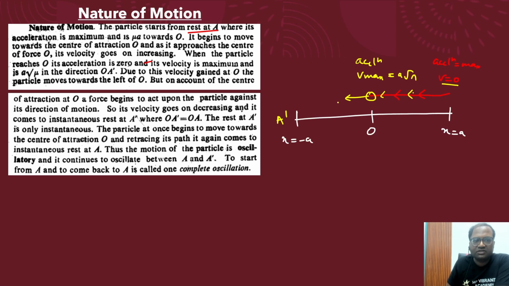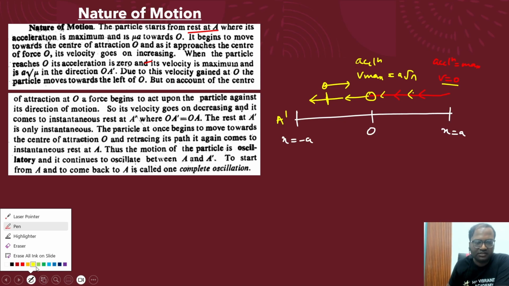But on account of the center of attraction, a force begins to act upon the particle against the direction of motion. So the direction of motion is this, and by definition, suppose we take a point here, at this particular point the acceleration is directed toward the center of force by the definition of simple harmonic motion.